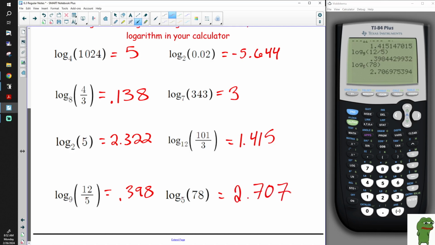Here are your logs that aren't common or natural. These are just other logs that can appear. Okay, so there's all 8 with the proper rounding.